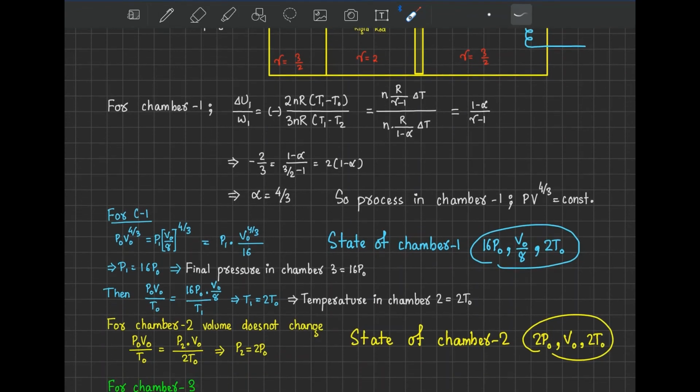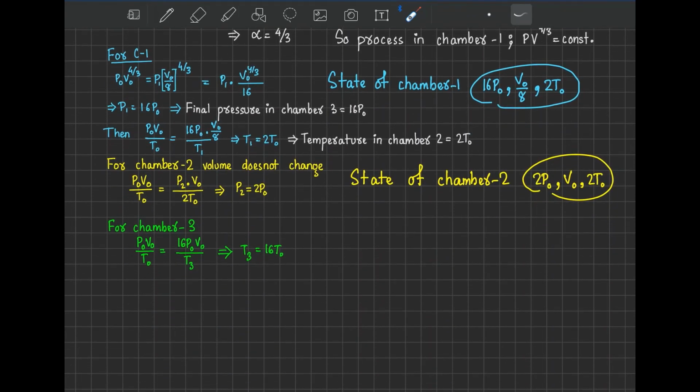Now we will write for chamber 1. We already know P0 V0 to the power 4 by 3 should be constant. So initial P0 V0 to the power 4 by 3 equals final pressure P1 into final volume V0 by 8 to the power 4 by 3.